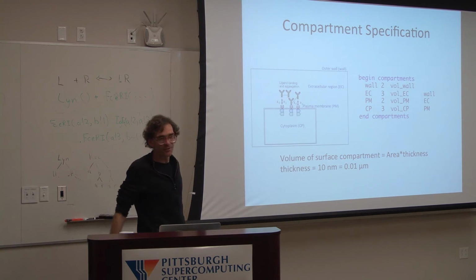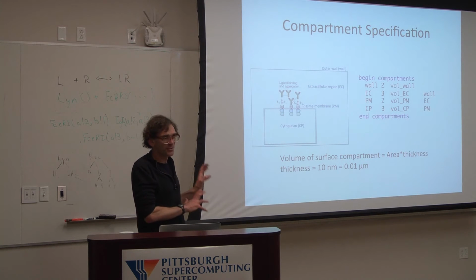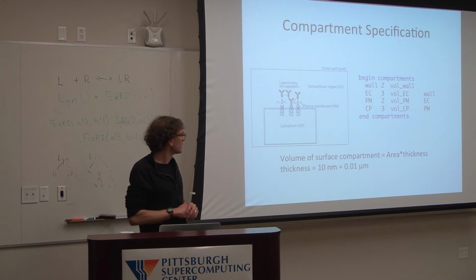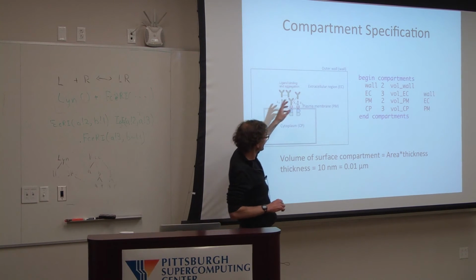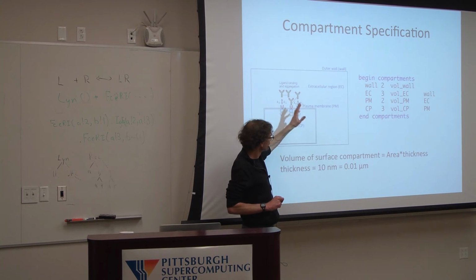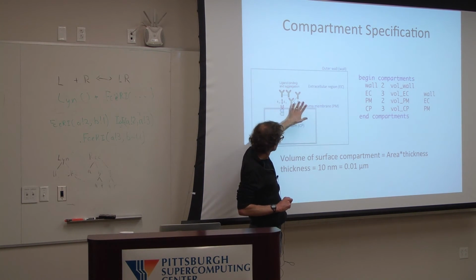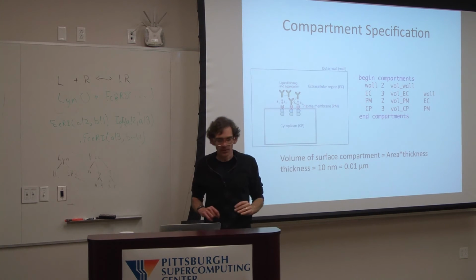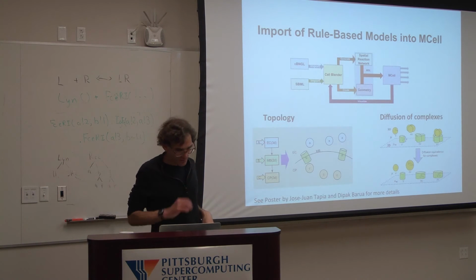And the problem is, for those of you who've tried to construct some of these models, there's often not a lot of data telling you how to relate 2D to 3D reactions. So what we're trying to do here is just to define a simple system that will give you, I don't want to say order of magnitude, but good, reasonable approximations for the behavior, reasonable starting points, which you could refine using parameter estimation, for example.